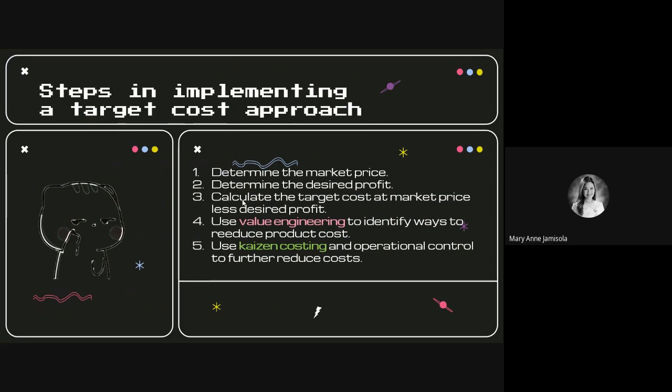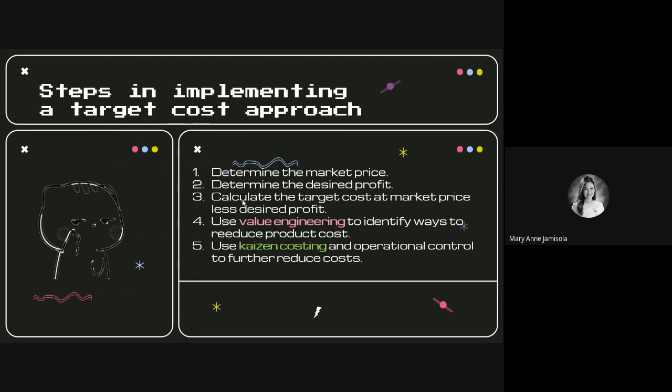Then step 4, we have to use value engineering to identify ways to reduce, sorry for the wrongly spelled word, to reduce the product cost and then use Kaizen costing and operational control to further reduce costs.